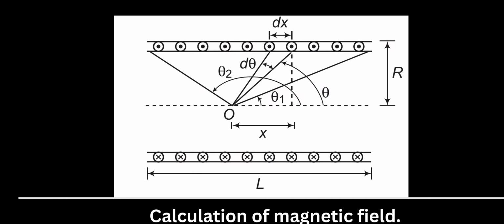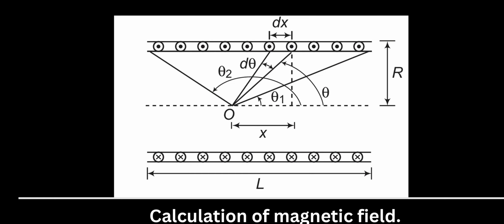Here, we are taking a small part dx, an elementary length, and we will calculate the magnetic field produced by this elementary length dx. So dx is the elementary length which contains a current, mu 0 n I dx, right?